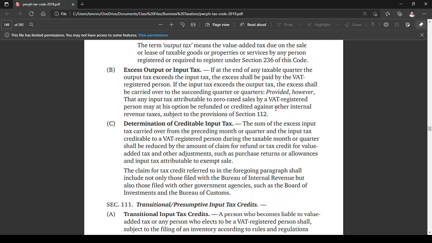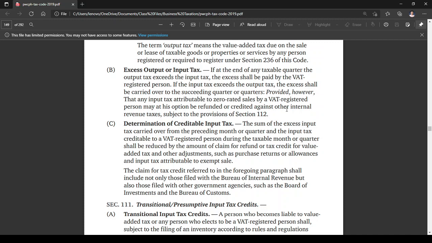So for example, meron tayong isang taxpayer na subject sa 0% zero-rated sales. Tapos meron siyang binayarang 50,000 na input VAT. So yung 50,000 na yon, pwede niyang i-refund sa BIR or pwede niyang i-credit sa other taxes niya.